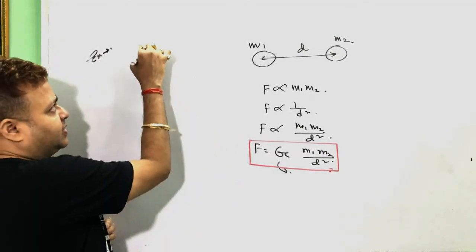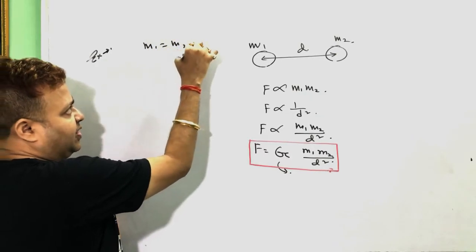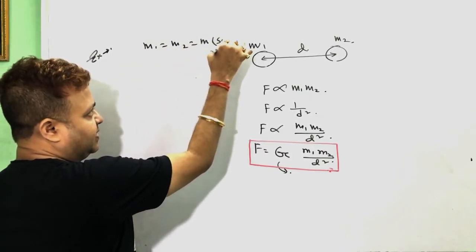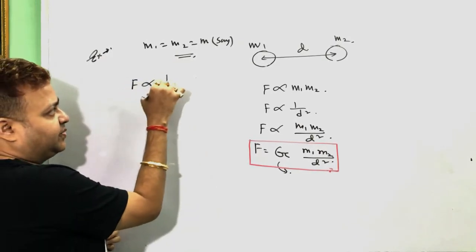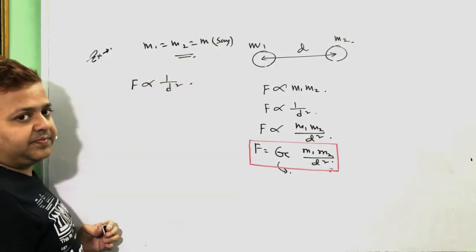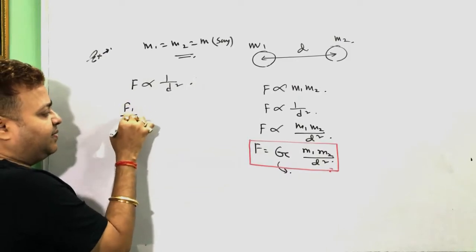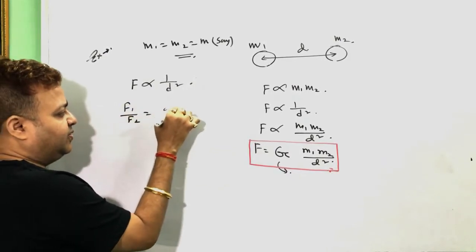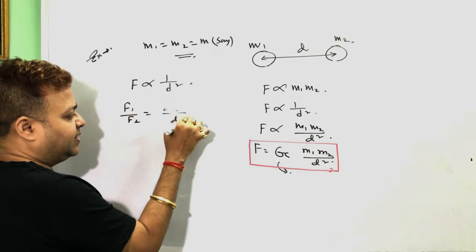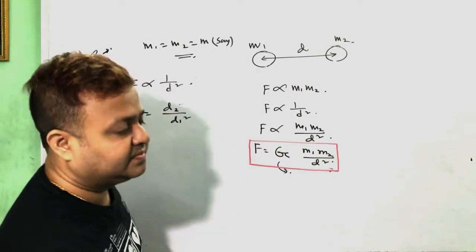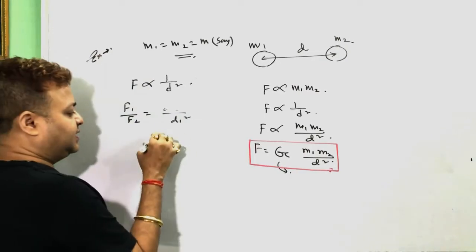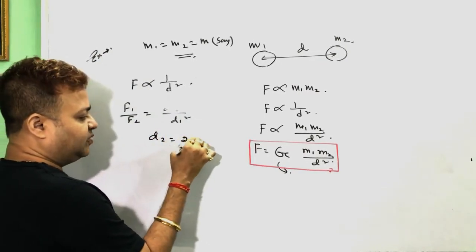Here the masses are constant, m1 equal to m2, and this mass remains constant. So F is inversely proportional to d square, that is F1 by F2 equal to d2 square by d1 square. Here the distance becomes double, that is 2 of d1.